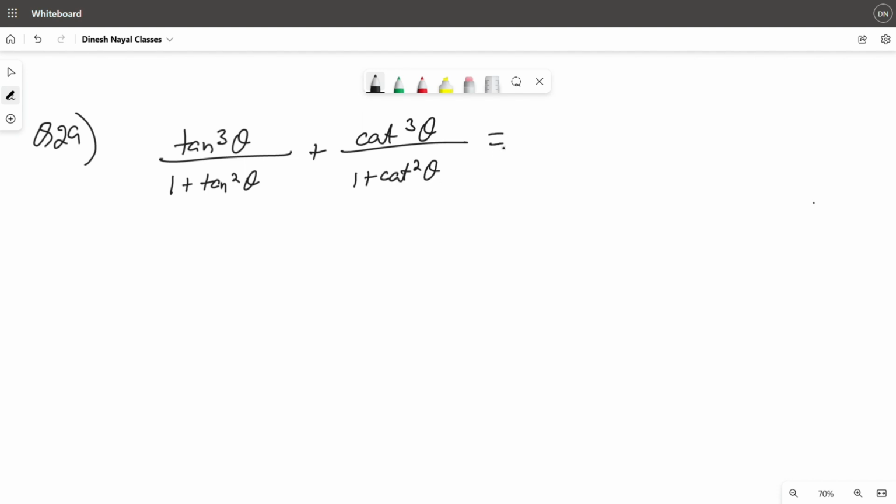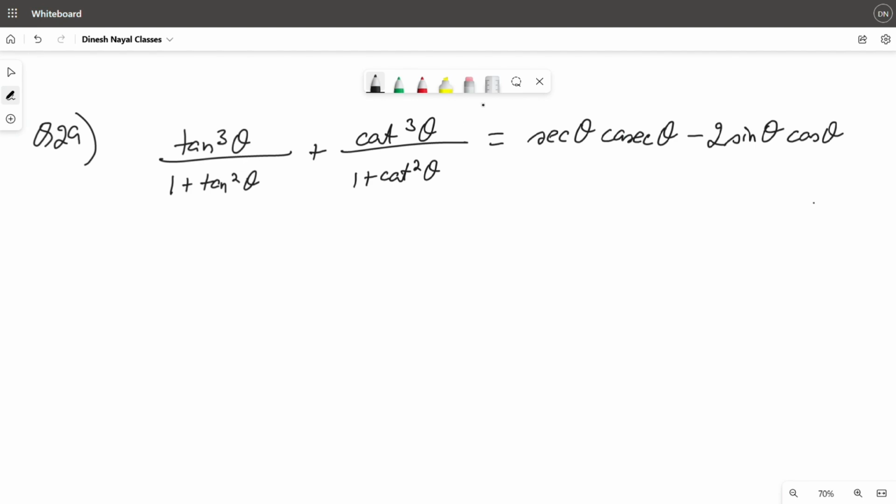Now I have to prove that this equals secant theta cosec theta minus 2 sin theta cos theta. Okay, so let's start from the left hand side.